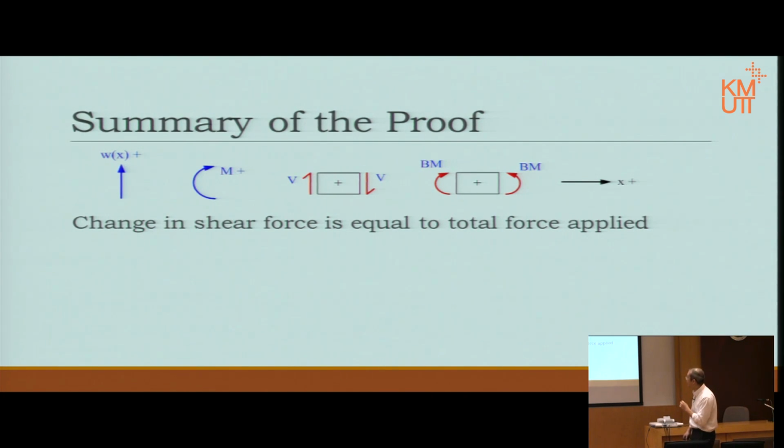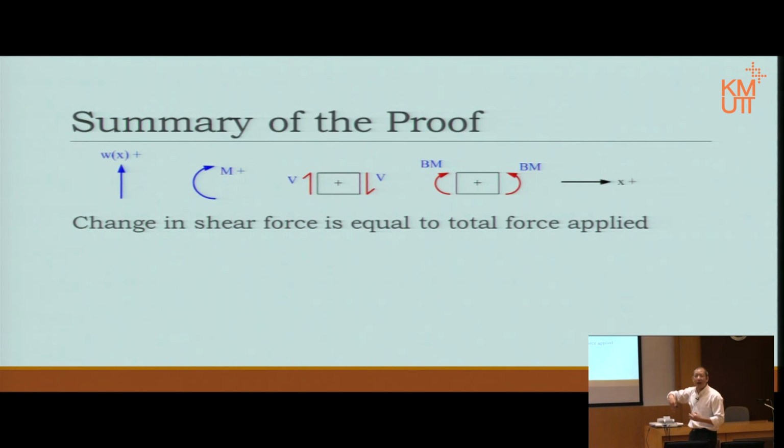Then if this sign convention, this positive sign is fixed, then the first proof is that the change in the shear force is equal to the total force applied. If the force is positive, the change becomes higher. Basically it is also fixed with the sign convention because the change is a kind of slope. If the force is positive, then positive change, meaning the value adds on.